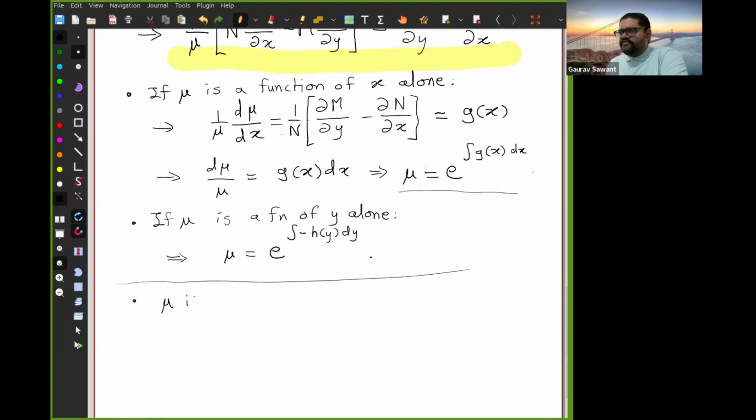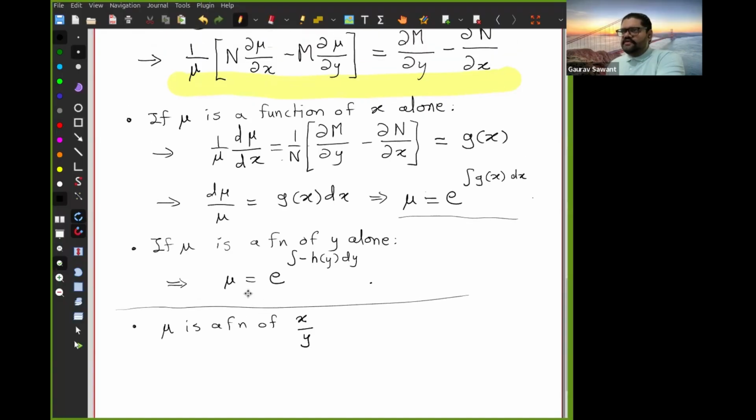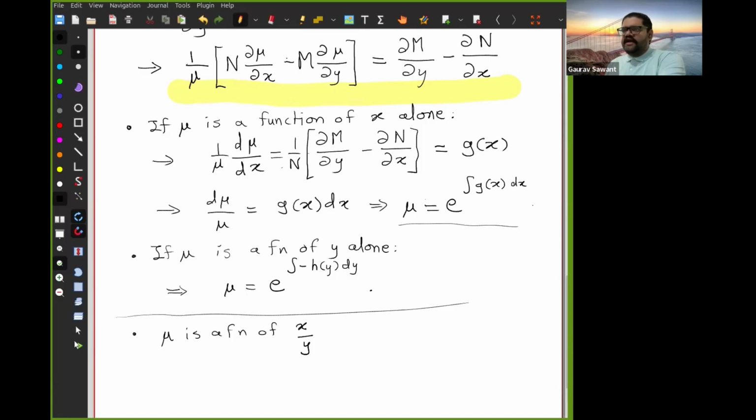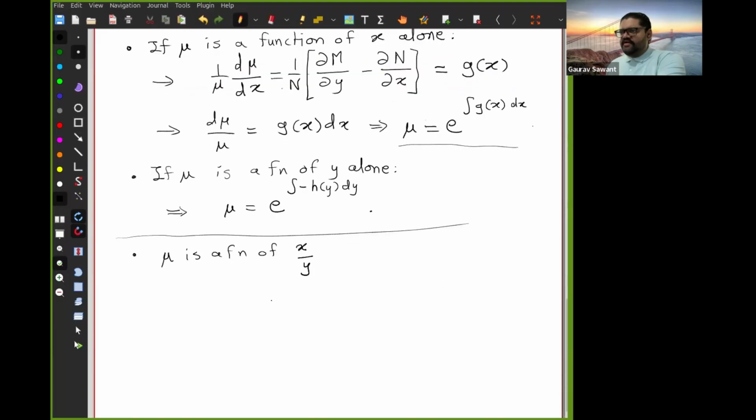If mu is a function of, let's say, x over y or y over x, let's say of x over y, many books will give a certain table, and what you will have to do is look at this highlight underlined expression and see whether you can extract a suitable form of the function. So let me make this as a table below.